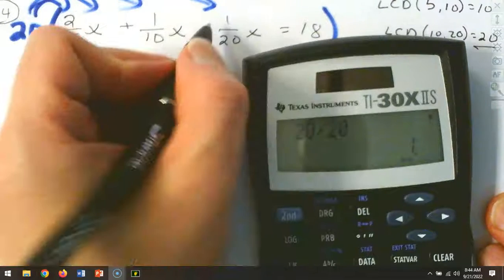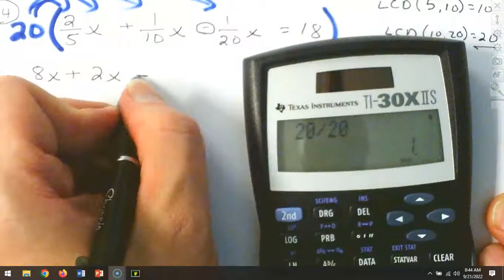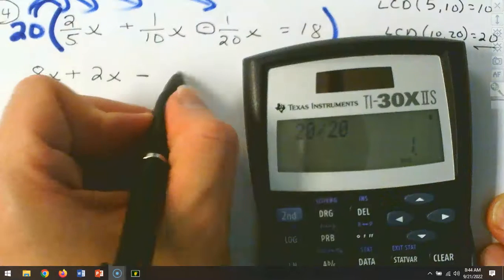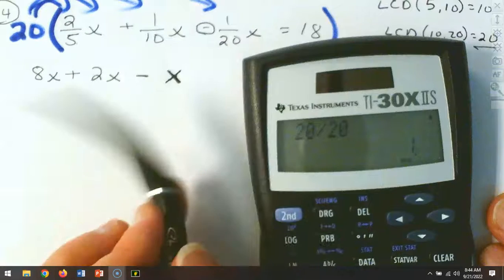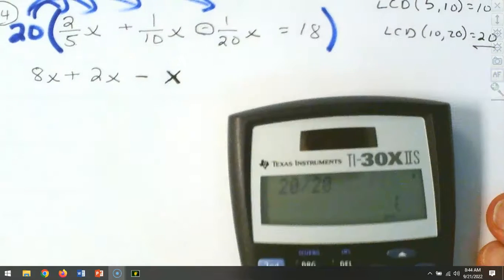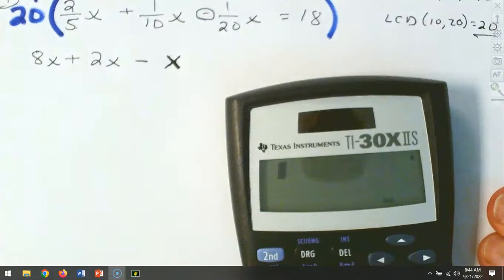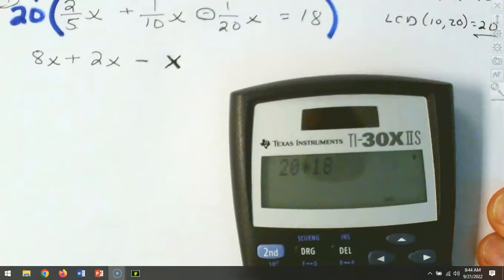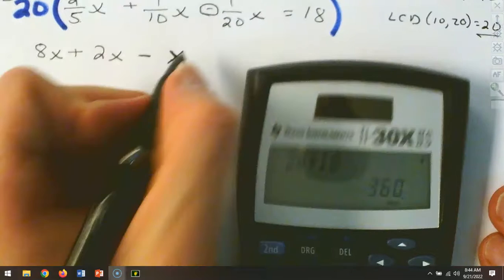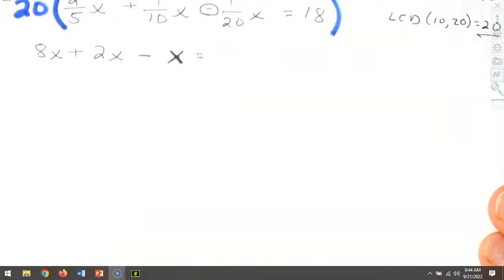But what is my x? It's not a positive here. What is it? Negative, so don't lose your sign. So you're correct, but it'll be a negative x, because that negative comes down with it. And do not forget the other side. What's the other side going to be? 20 times 18. And 20 times 18 gives you 360.